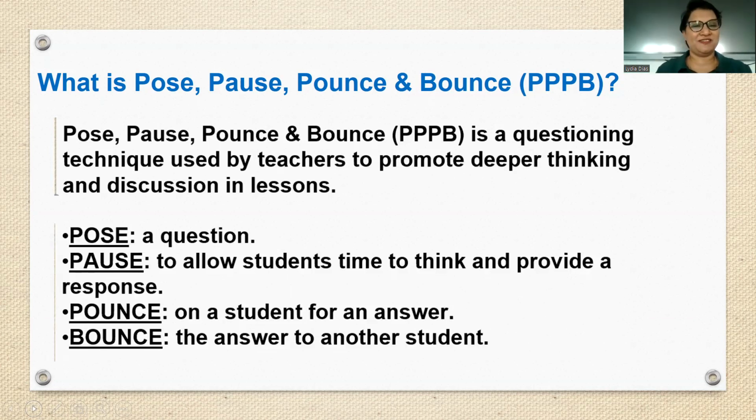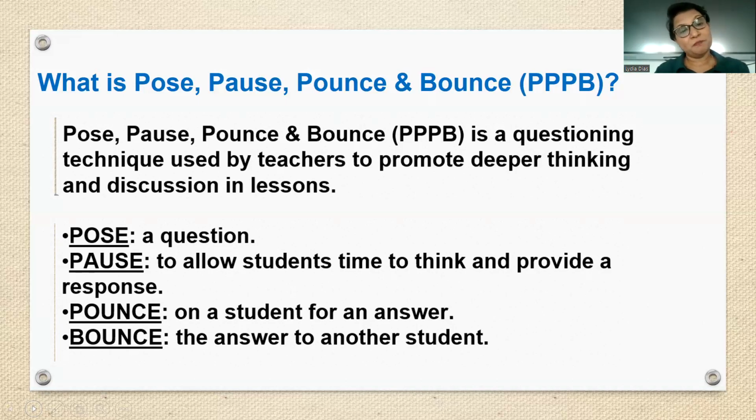Pose a question. Pause. Pause for 30 seconds, sometimes maybe 1 minute, 60 seconds, which will allow students time to think and provide a response. Pounce. Pounce on a student for an answer.